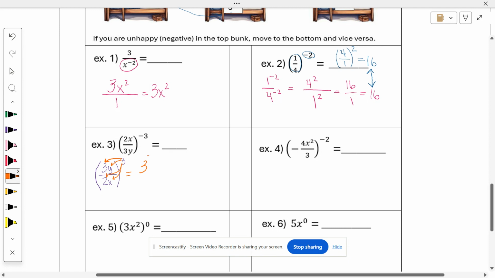So that becomes 3 to the third power, y cubed over 2 to the third power, x cubed. Well, 3 to the third power is 27. So I have 27 y cubed over 2 to the third power is 8, so 8x cubed.